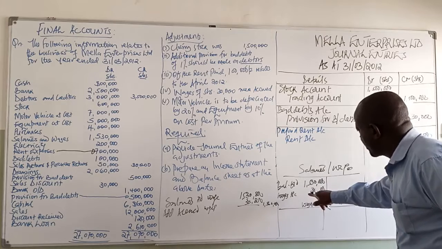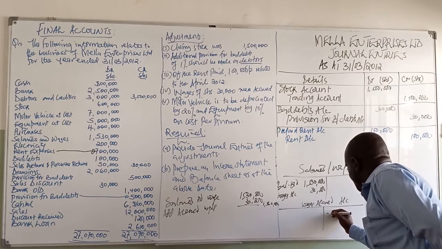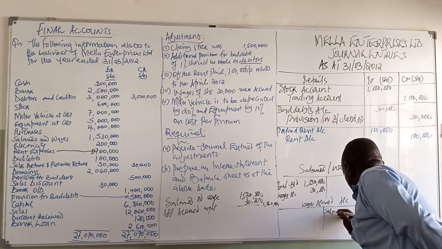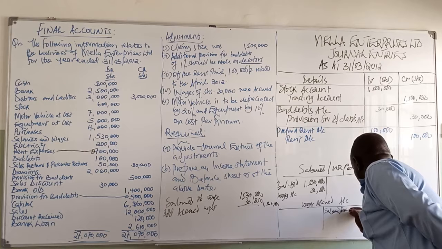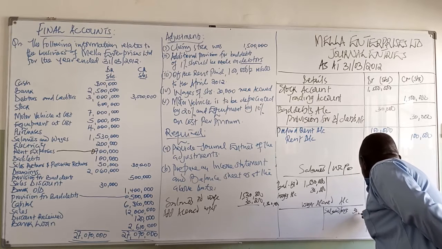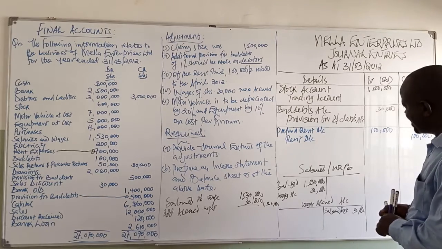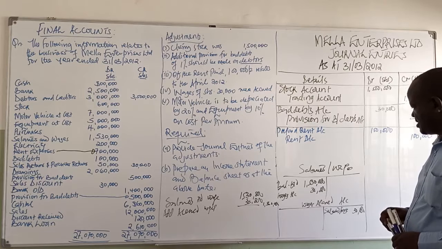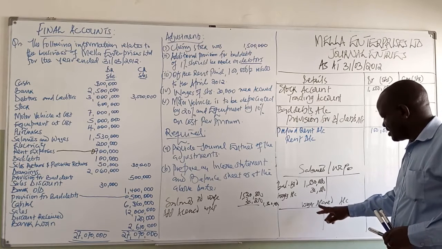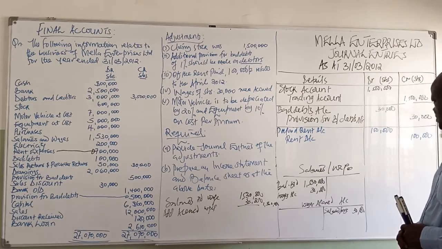And because we are debiting the salaries and wages account, here it will be credited by 30,000. So we are going to debit the salaries and wages account and credit the salaries and wages accrued account.